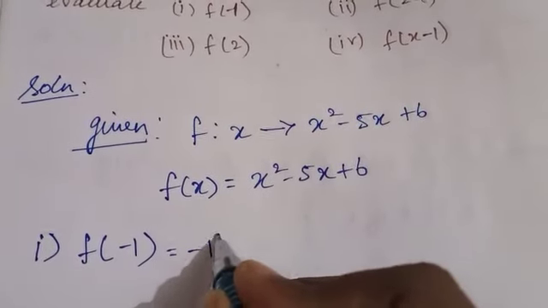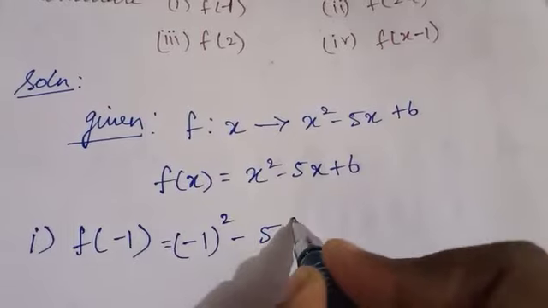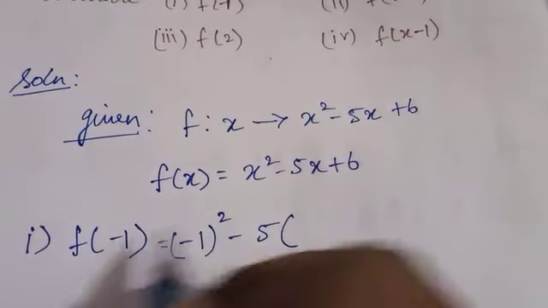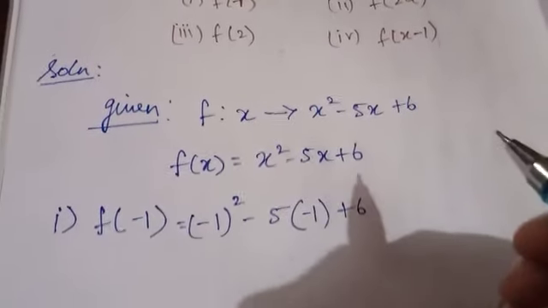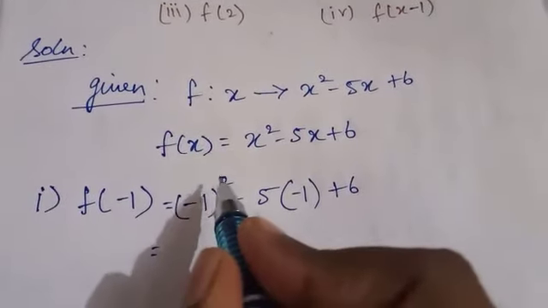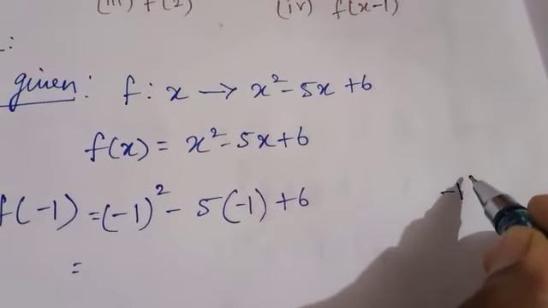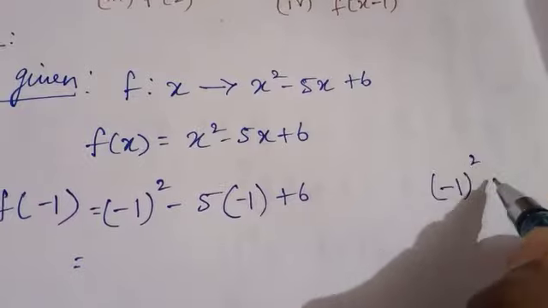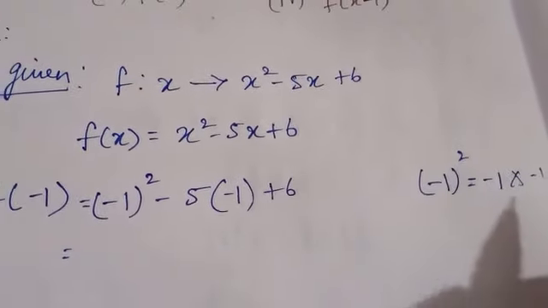So minus 1 whole square minus 5, in the place of x we are going to substitute minus 1, right? So minus 1 plus 6. Next, minus 1 the whole square. We can write this as minus 1 into minus 1.